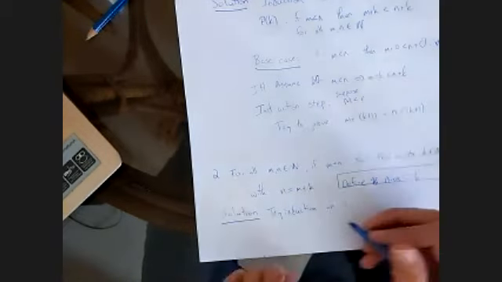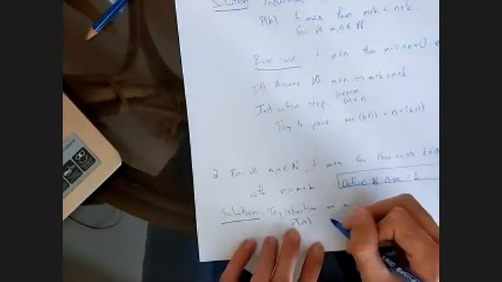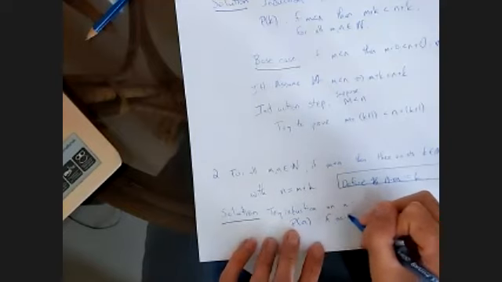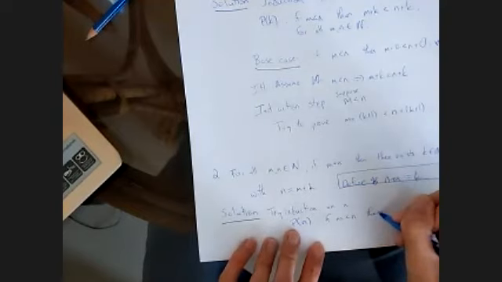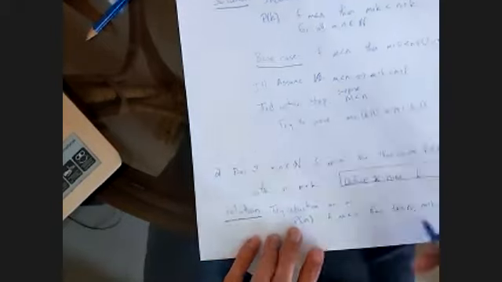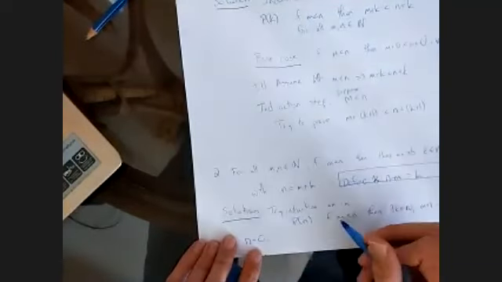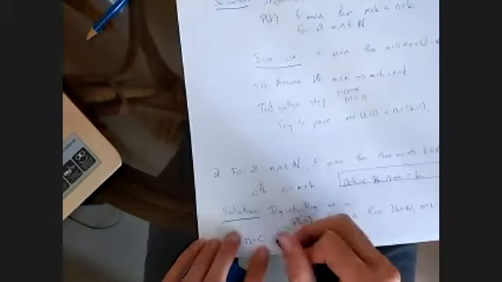I'm not sure if that's the best way, but we could try it. So P of n would be the statement that if m is less than n, then there exists k such that m plus k equals n. And the base case, n equals 0, is trivial because there's nothing less than 0.